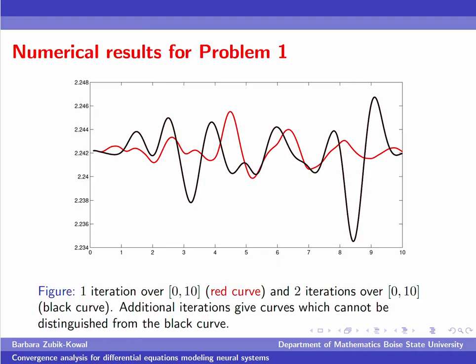After running this numerical algorithm, we get numerical solutions presented in this figure. Here, the red curve presents the solution after the first iteration, and the black curve presents the solution after 2 iterations. Additional iterations give curves which cannot be distinguished from this black curve, simply because they cover the black curve.